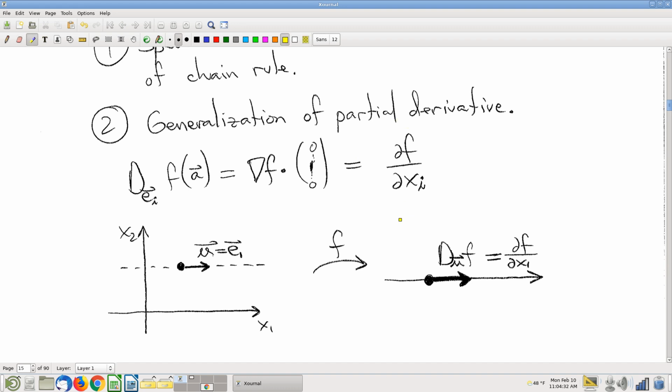Okay, so geometrically you might think of it like this. If your input velocity is a standard basis vector, then you're doing a partial derivative. If it's a unit vector, but not necessarily a standard basis vector, now you're doing directional derivatives.